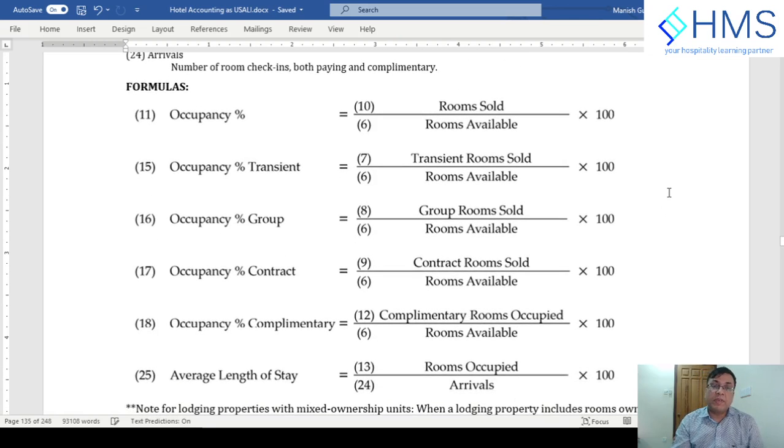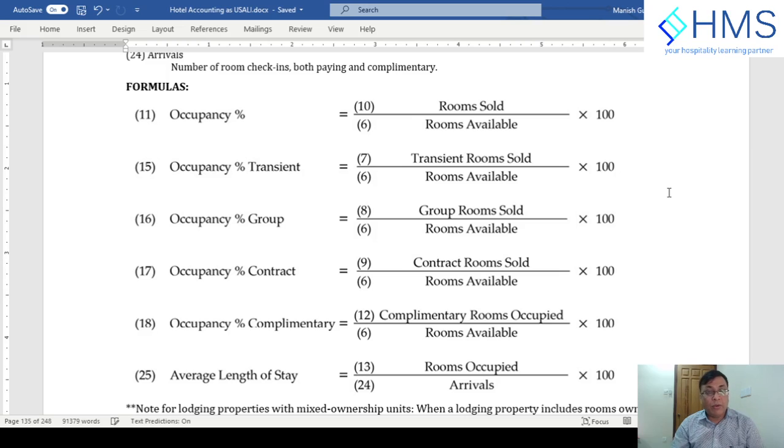So whenever we are talking about the occupancy percentage in the P&L, or the statistics in the main P&L, we are always talking about the actual rooms sold, which means the transient, the group, and the contract. The complementary rooms occupied are not included in the rooms sold.